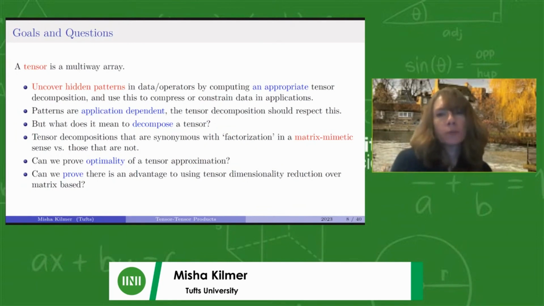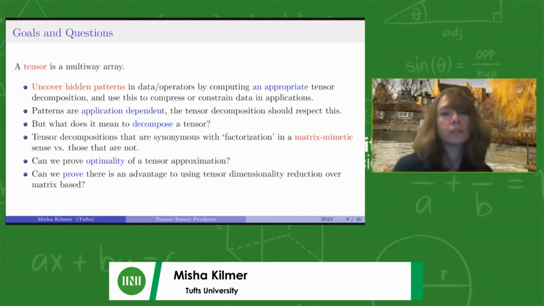To contrast this with a factorization-based method that my colleagues and I have developed to try and draw some distinction among the different kinds of tensor factorizations. In the matrix-based case, we have notions of what is a low-rank approximation, in what sense is it optimal?